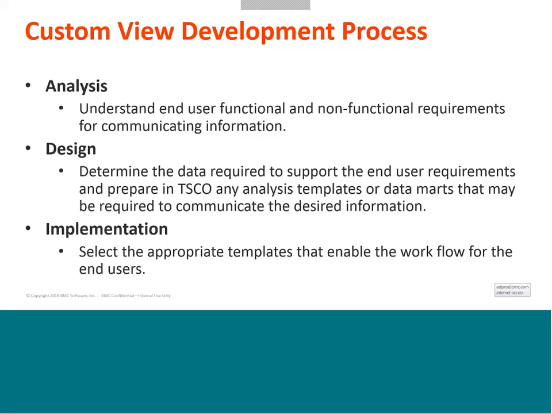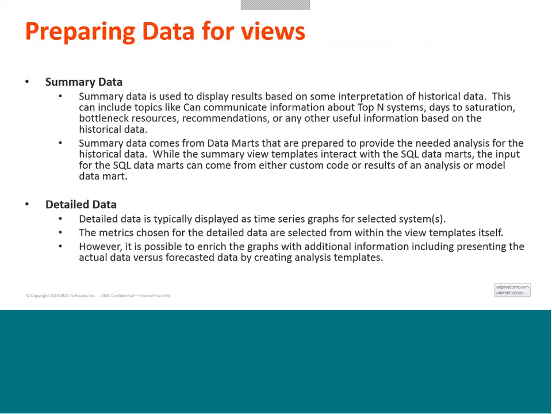So as you're aware, we have two types of, let's say, ways of showing information. Actually, there's three, but these are the two common types. One is presenting summary data, and the second is presenting detailed data. So with summary data, you're really coming into your view development with some idea on information that you want to share, whether it's a top-end type of presentation.